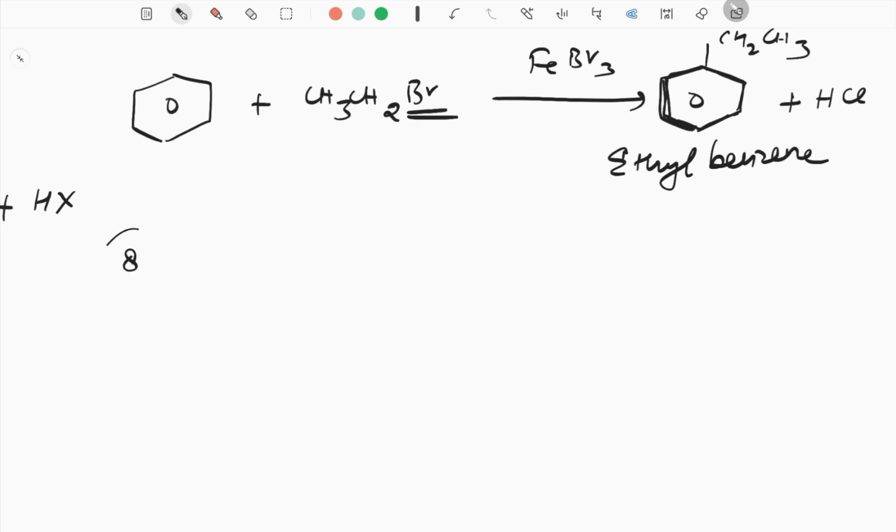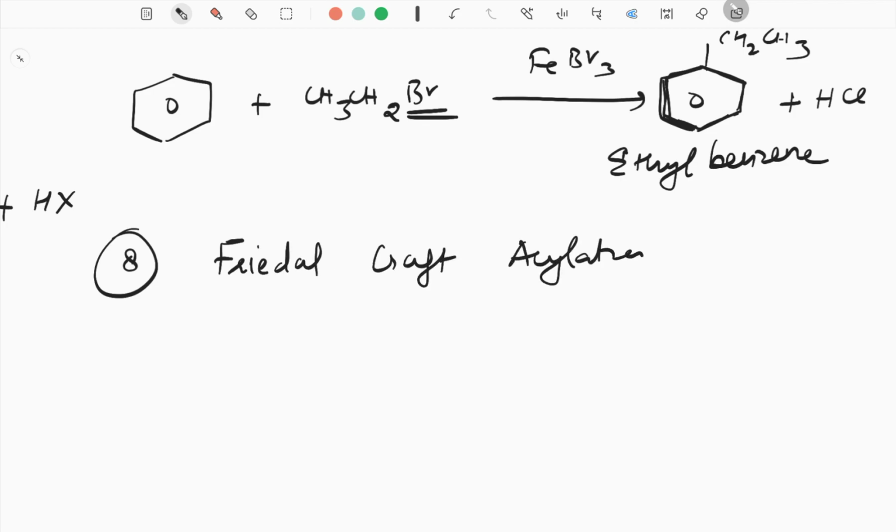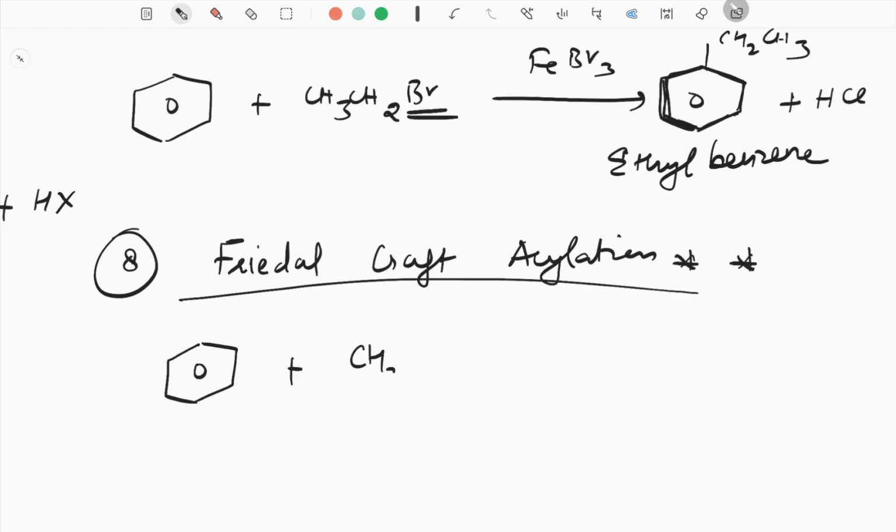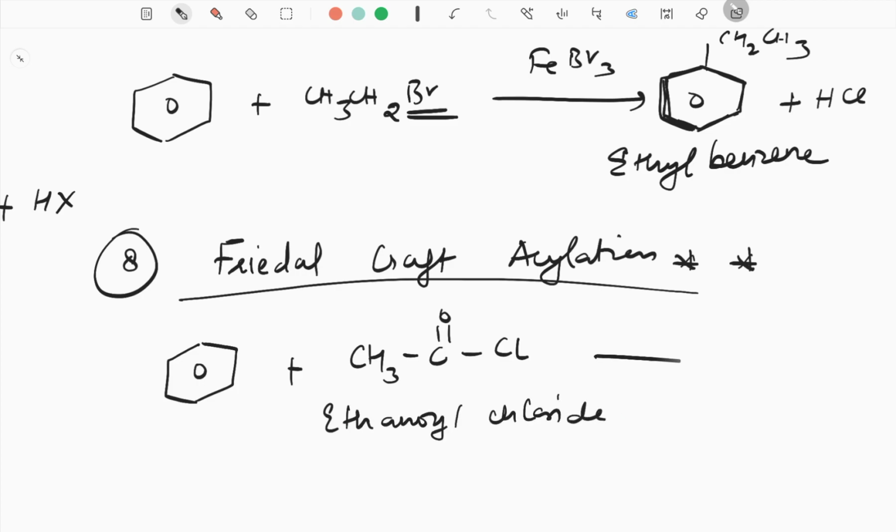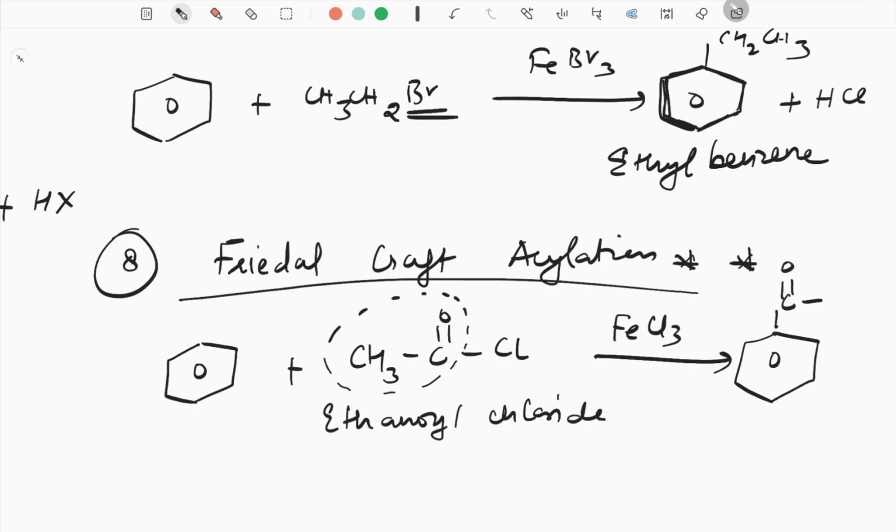And next, number 8 reaction is Friedel Crafts acylation. Also a most important one. Here you will add an acyl group to the benzene. CH3COCl, this is ethanoyl chloride. In presence of FeCl3, that is a Lewis acid, this group will attach to the benzene ring like this, COCH3 plus HCl.